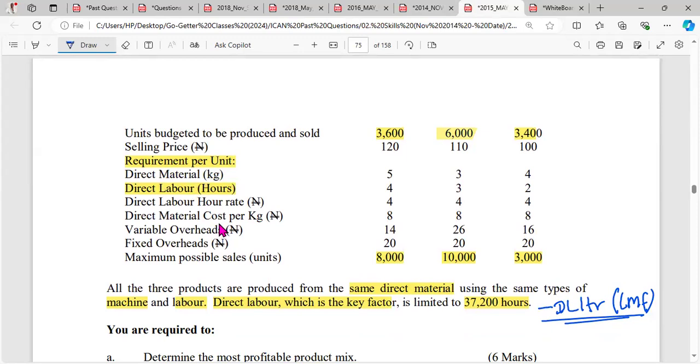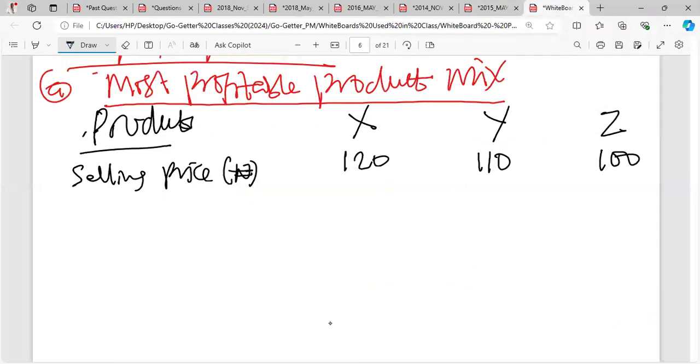Direct material costs. Now, how do we get direct material costs? This is direct material cost per kg. So we need direct material cost per unit. So first of all, direct material cost per kg.